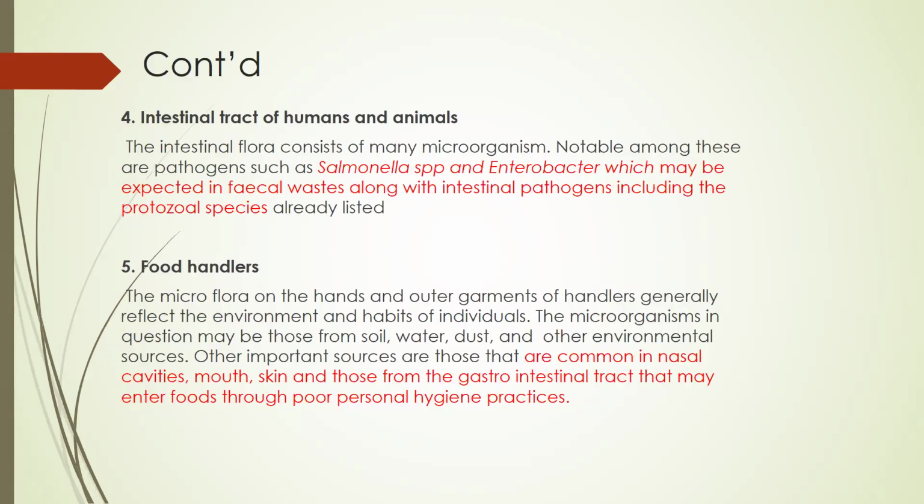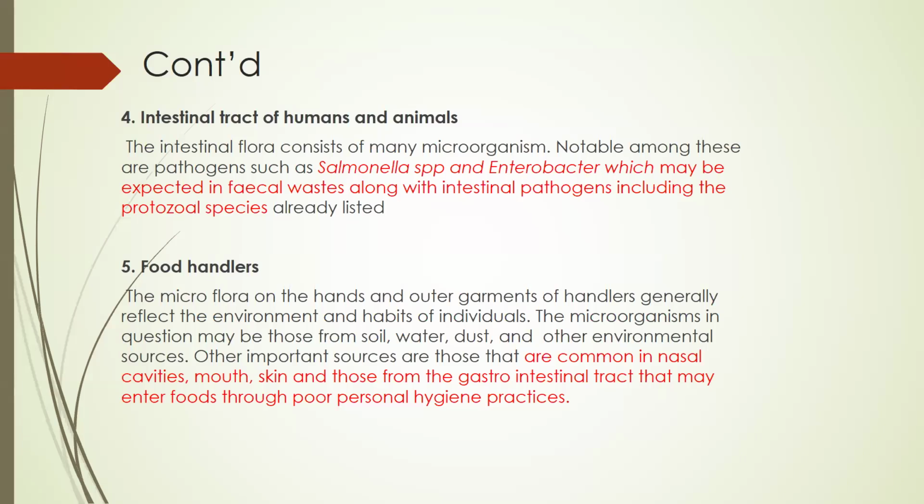The intestinal tract of humans and animals is another source of microorganisms in food. The intestinal flora, that is intestinal microorganisms, consists of many microorganisms. Our intestine consists of many microorganisms. Among them are pathogenic organisms like Salmonella, Enterobacter, which may be expected in fecal waste when the person passes feces, along with intestinal pathogens, including protozoan species, like somebody that is stooling and vomiting.